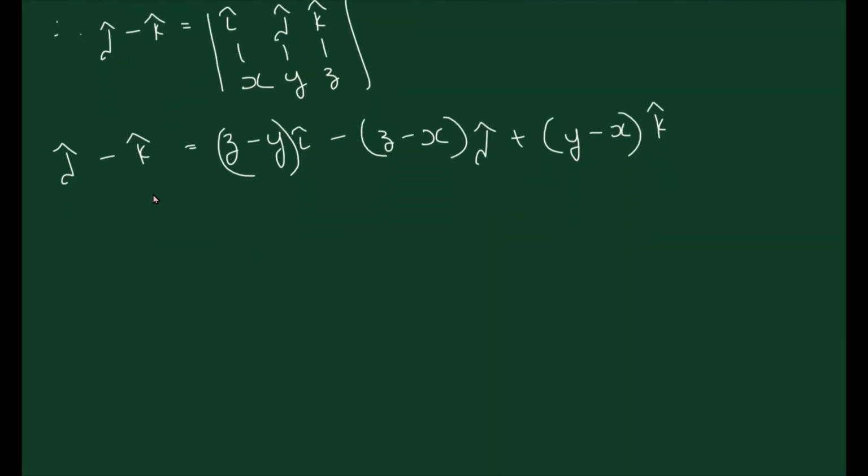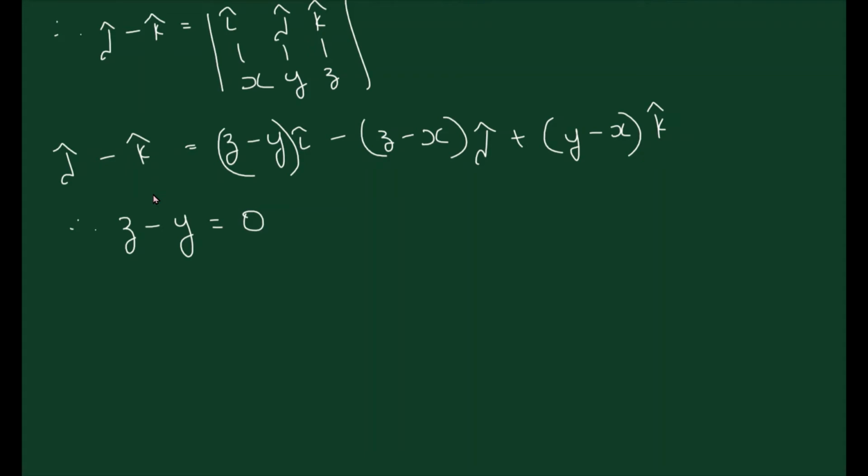Now by the equality of vectors, we equate the coefficients of I, J and K on both the sides. Therefore we are going to get Z minus Y is equal to 0, because there is no I term on the LHS.